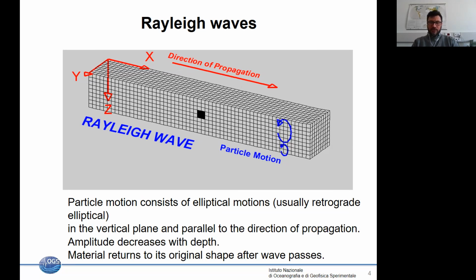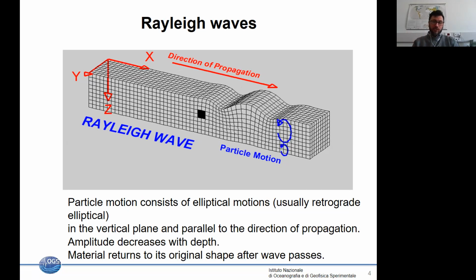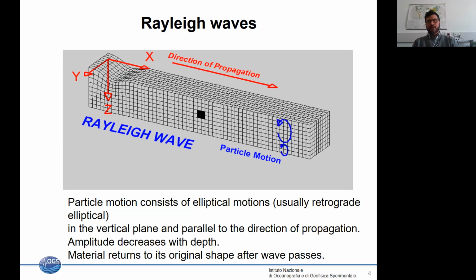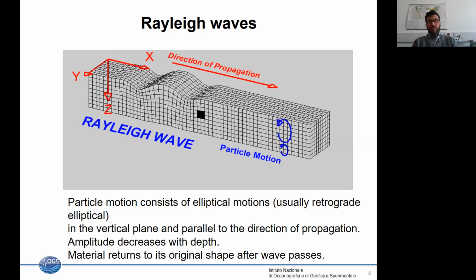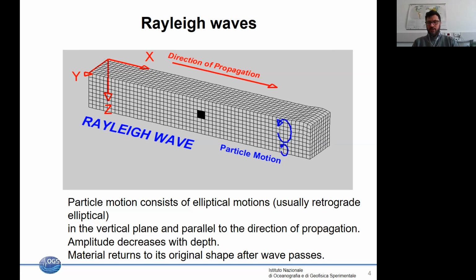Rayleigh waves can also exist in a homogeneous medium, but if the medium is not homogeneous, so the velocity tends to increase with depth, as generally happens in the real Earth, Rayleigh waves can be dispersive. It means that different frequencies propagate with different velocities.